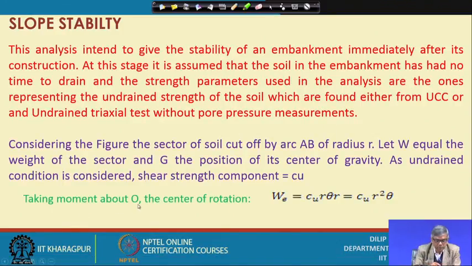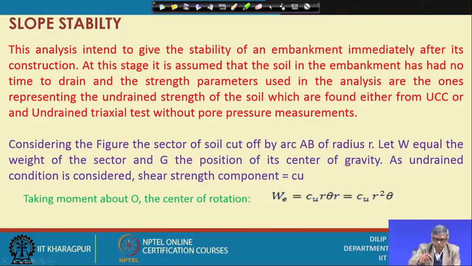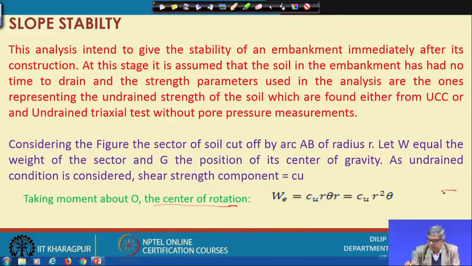Then you can see, taking moment about O, the center of rotation, that means I have taken a slope something like this. The moment will be W multiplied by E. So we can write W multiplied by E must be equal to Cu times theta r, the arc length, multiplied by Cu.